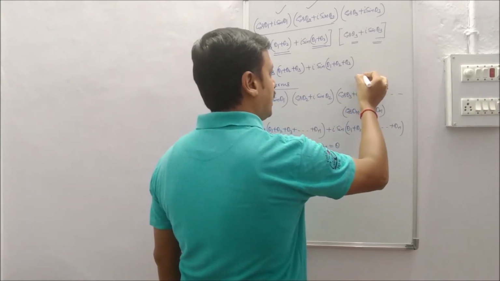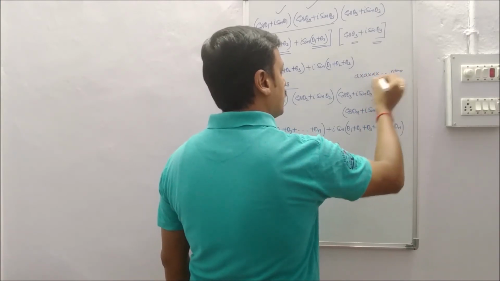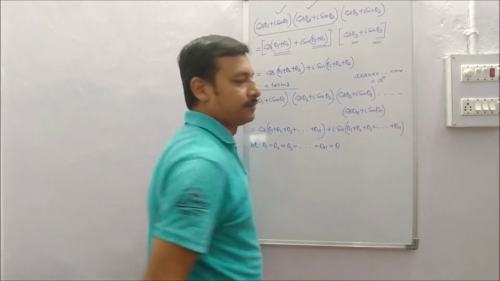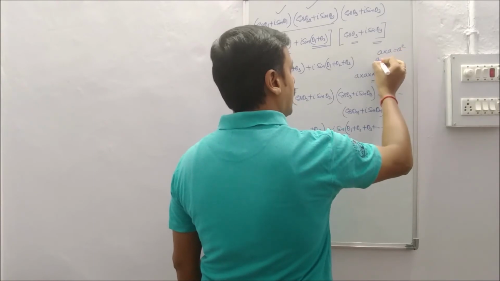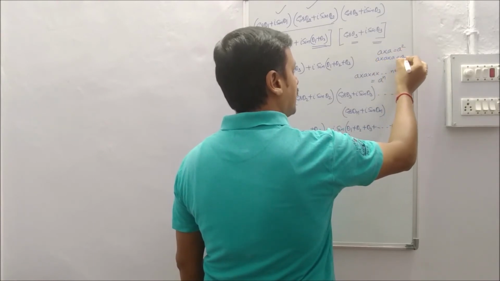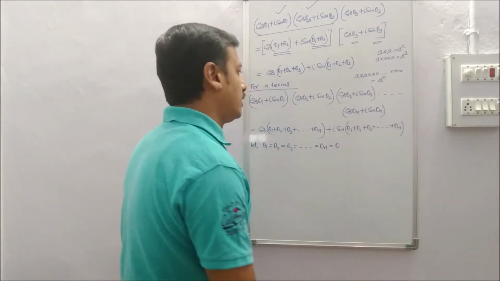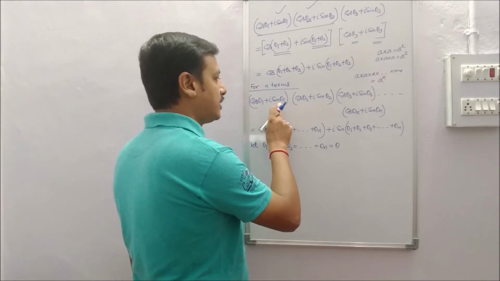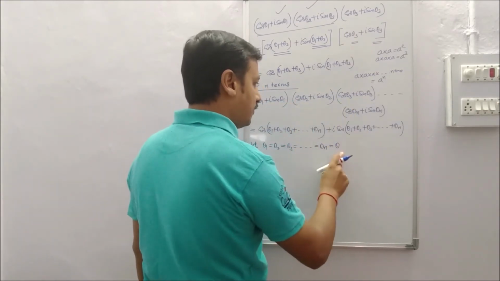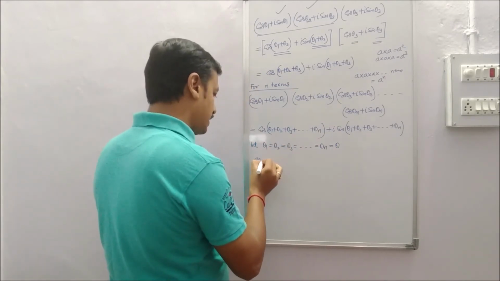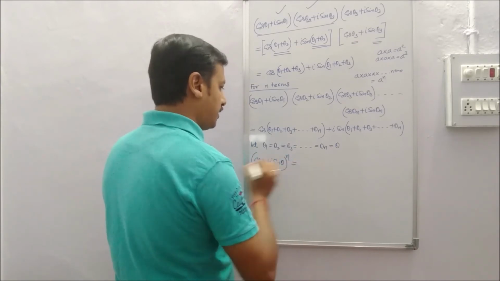As we know that if a into a into a, n times, we can write it as a to the power n, since a into a is a square and a into a into a is a cube, so a into a n times is a to the power n. So here, because all angles are equal, it is cos theta plus I sin theta to the power n.